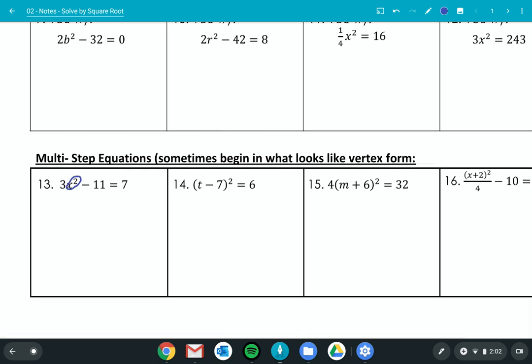So this is the only thing that the squared is attached to, which means I've got to move this 3 and this 11 using inverse operations. Looking at the 3, how would I move it? Hopefully you think multiplying. So what do we do first? Do I move the 3 or the 11?